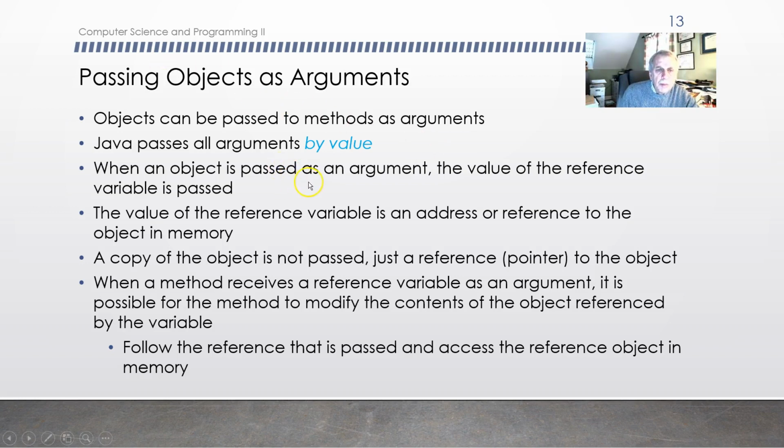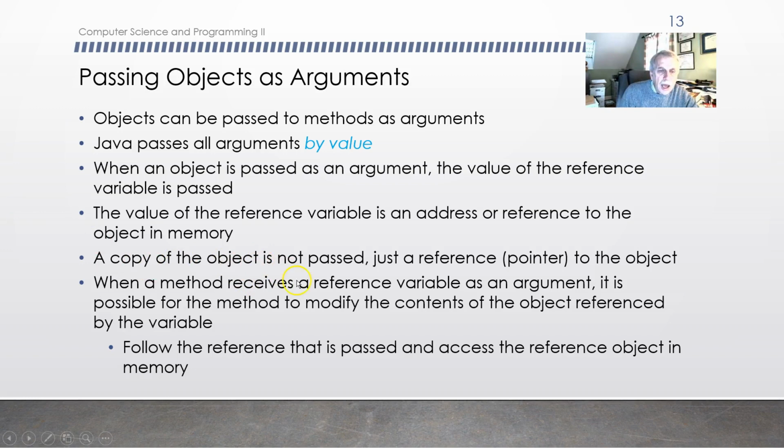So when an object is passed as an argument, the value of its reference variable is passed. So that's what we're making a copy of, the content of the reference variable, which of course is a reference to, or a pointer to, where that object resides. So the value of the reference variable, as we've emphasized, is an address or a reference to where that object resides in memory.